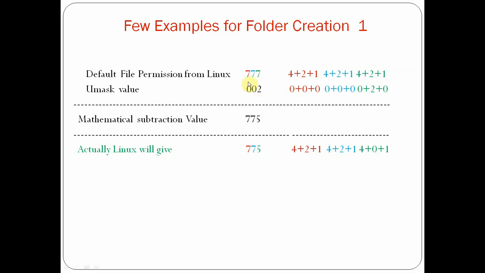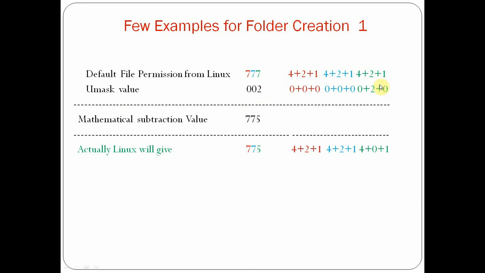So this example contains the default umask value in our Linux systems. I gave the example with the default. If we apply 002 as a umask, that means I don't want to restrict any permission for user, I don't want to restrict any permission for group.